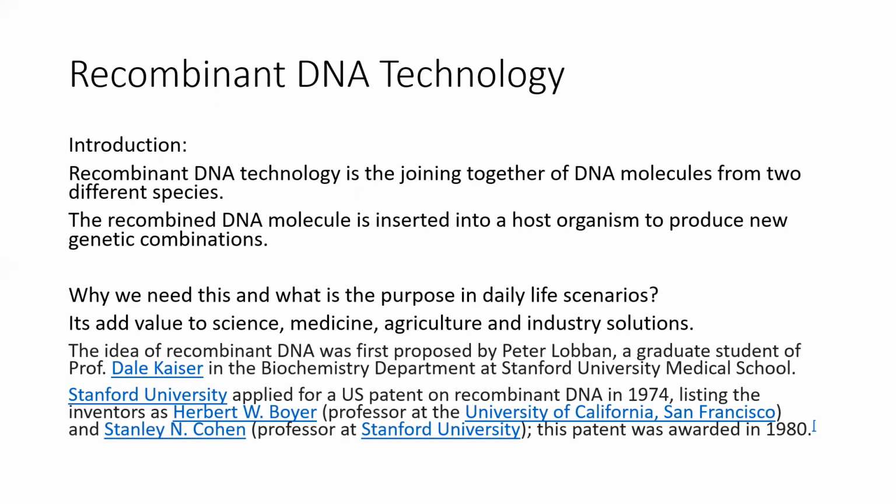Stanford University applied for a US patent on recombinant DNA in 1974, listing inventors as Herbert W. Boyer, a very important scientist and professor at the University of California, San Francisco, and Stanley Cohen, professor at Stanford University. This patent was awarded in 1980.